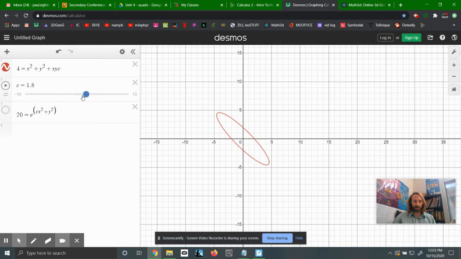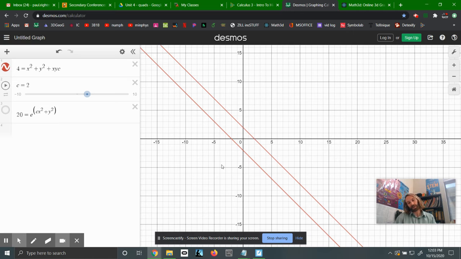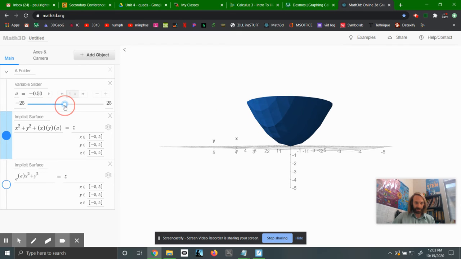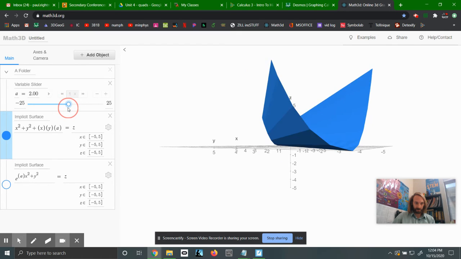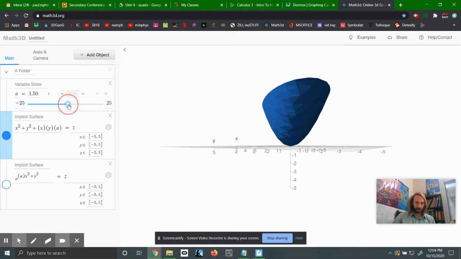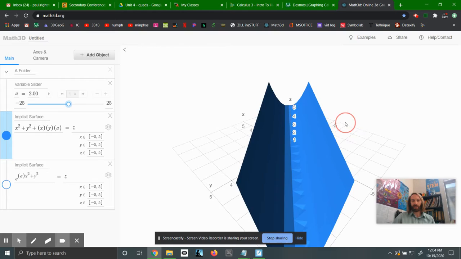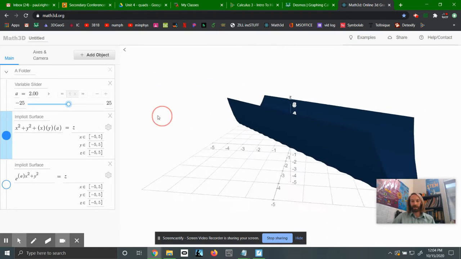Probably the only one that's really tricky is if you make this a 2, then it's hard to envision what that would look like. But you might have actually seen it because I just passed it. If it's set to 2, the reason you're getting parallel lines is because it's like an infinite parabola like that.